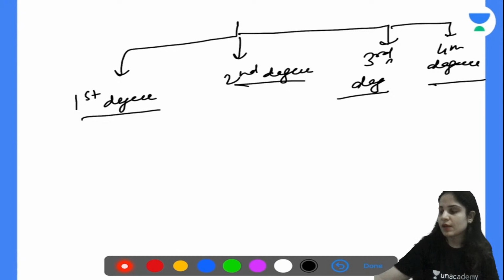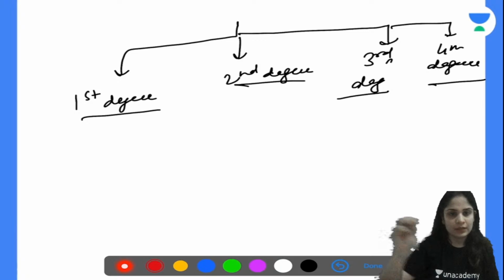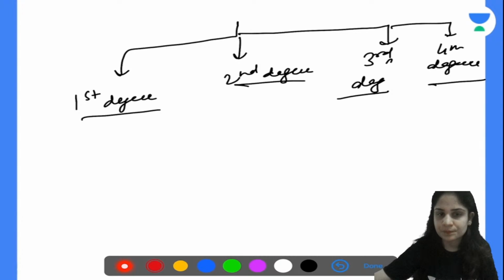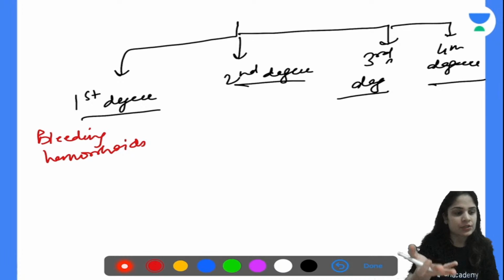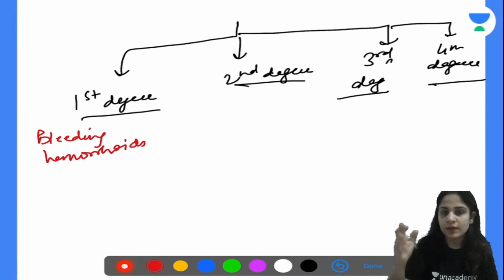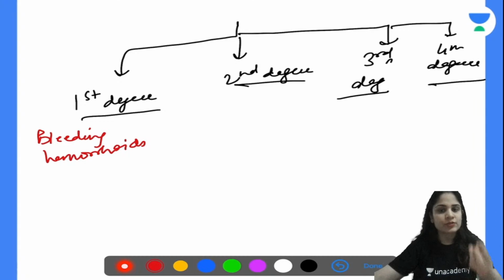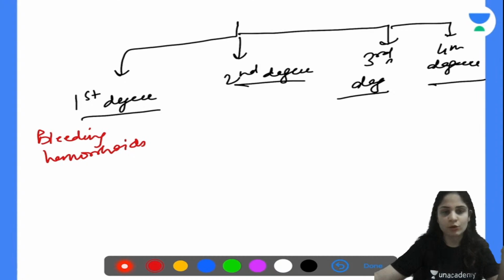All right, now what do you define each of these by? So here you have bleeding hemorrhoids in first degree. There will be blood present when the patient tries to pass motion, but the hemorrhoids as such will not come out. You will not be able to see the prolapsed hemorrhoids.